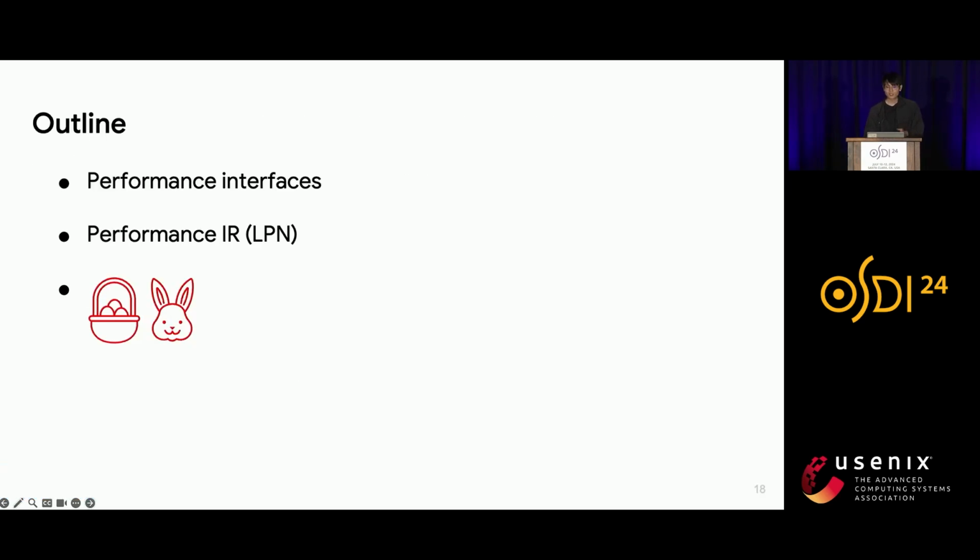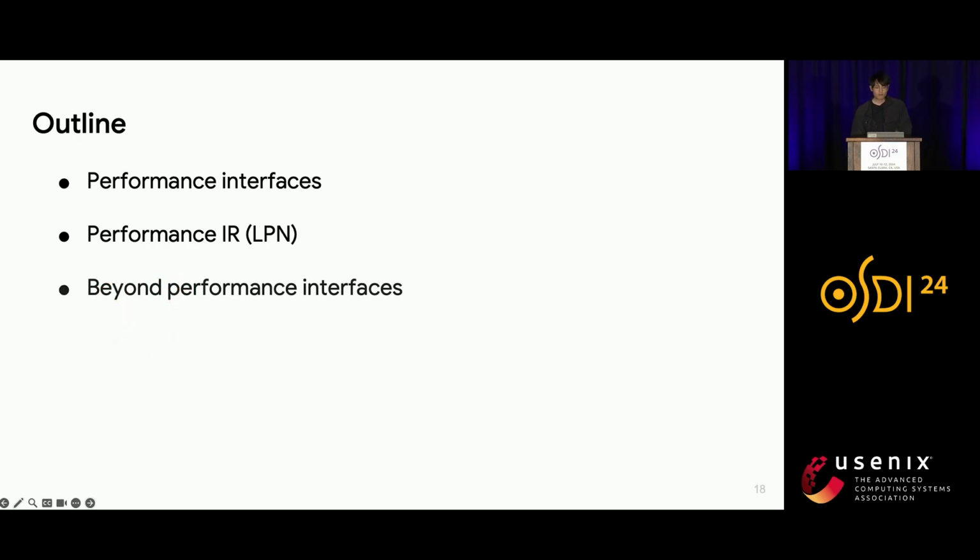Now we have looked at what performance interfaces are. We also saw the performance IR, LPN, that makes deriving the interface possible. Now to this Easter egg I've promised: with LPN we can actually do much more beyond performance interfaces, because LPN is a very efficient IR for performance.